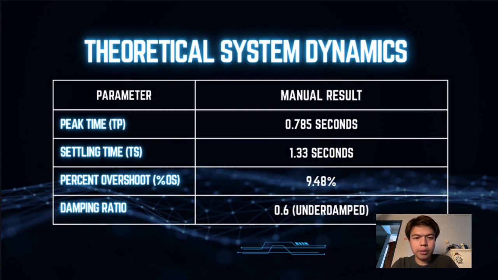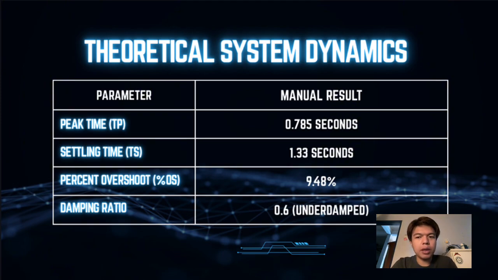Hi, Assalamualaikum. My name is Ahmad Zakir, and I'm going to continue with the theoretical system dynamics, for which our group has made a table showing the parameters and the manual results that we have found. The first one is our peak time, Tp.